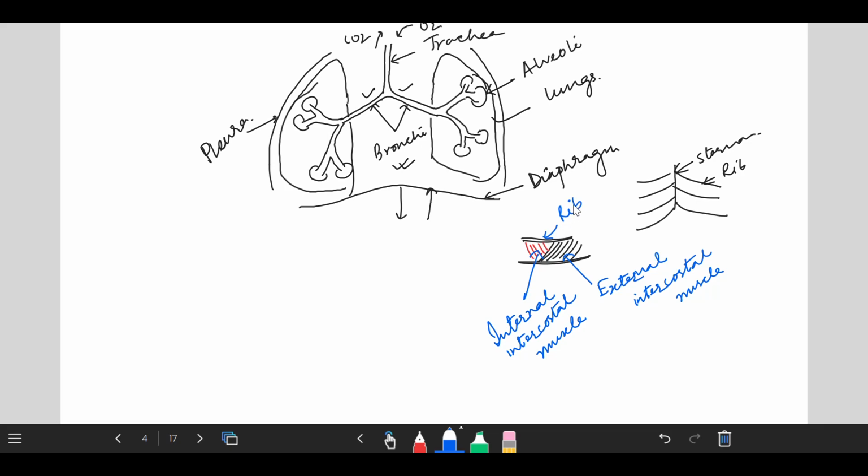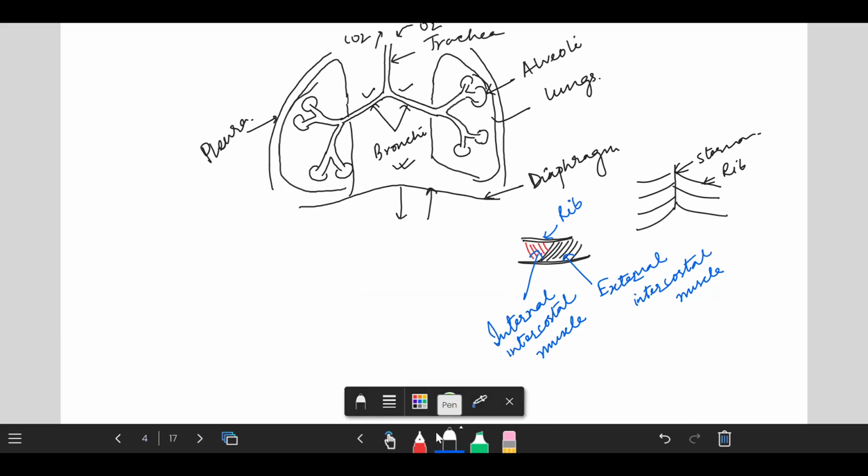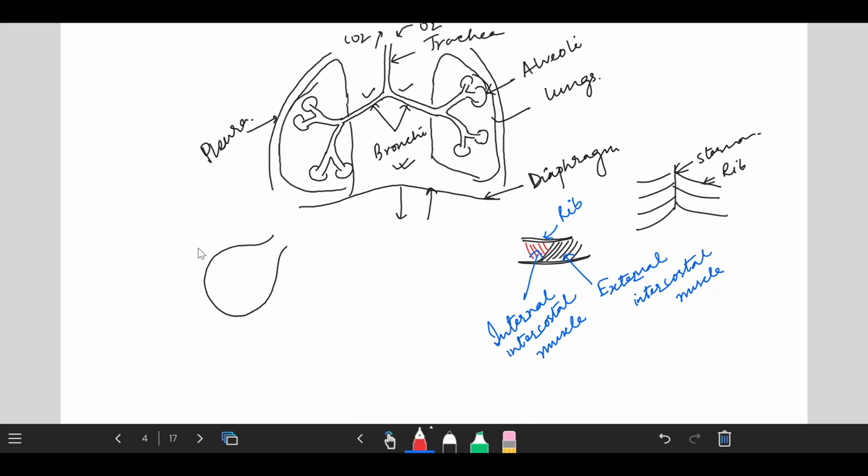Now we will see how the gaseous exchange occurs. Assume this is an alveolus, and these are the blood vessels or blood capillaries which are present. These are the blood corpuscles, red blood corpuscles.